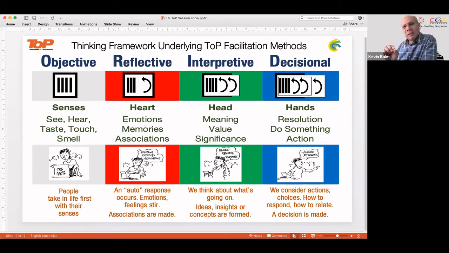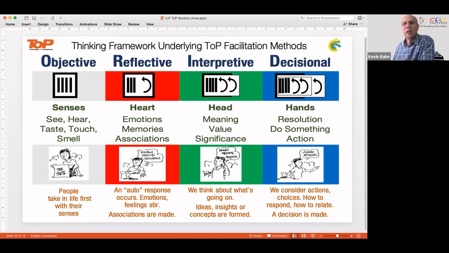Finally, I just want to say that for us in ToP, recovering and reclaiming this inherently natural structure is embedded in all ToP facilitation methods. So in that slide where you saw 9, 10 different methodologies that make up ToP, every one of them at their core, at their foundation, is activating this 4-level sequence of awareness or overlaying it on our situations.